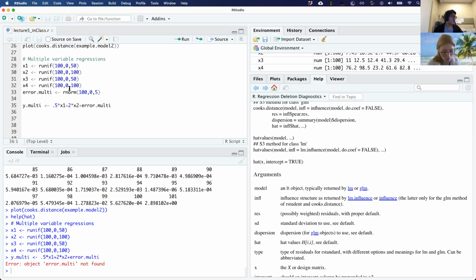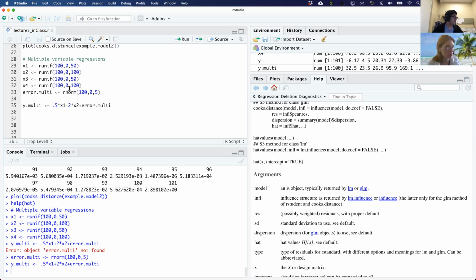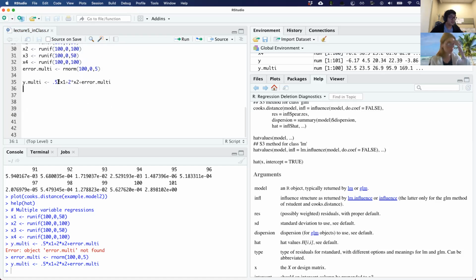Okay, so now I have a set of x's and a corresponding vector of y's. Let's quickly plot this just to see what it looks like.